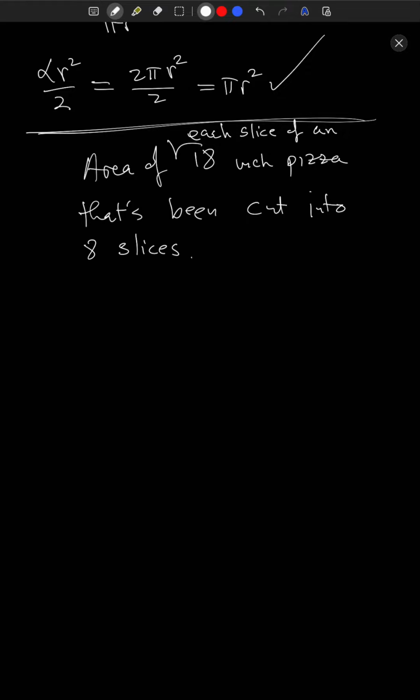By the way, if you are going to calculate this, in practice, if you actually go out and buy a pizza, the 18-inch pizza size is actually the diameter, right? So the radius would actually be 9.